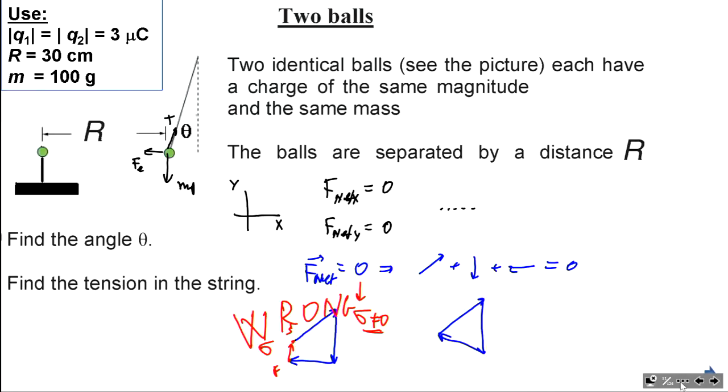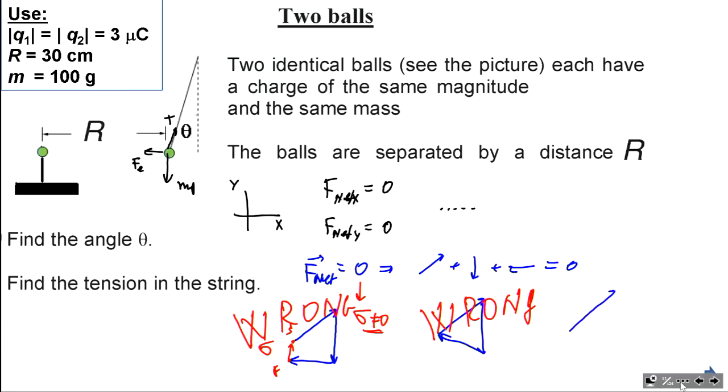What do you think? How do I fix it? What did I do wrong? What's wrong with that? The arrow, which is supposed to be horizontal, is not horizontal. So I violated the conditions of this problem, which means this is wrong.